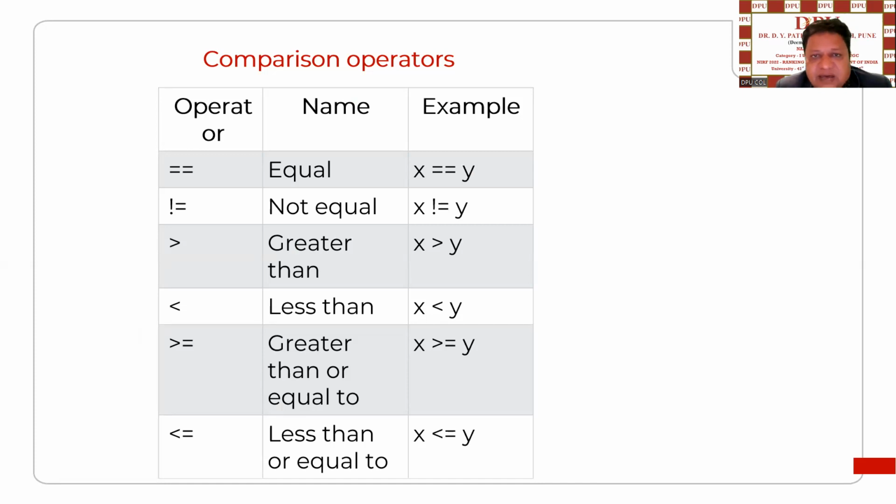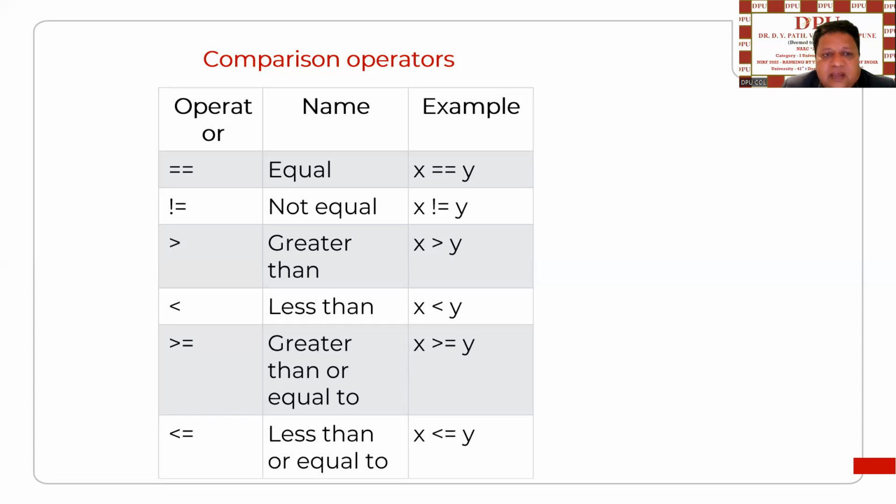By using the comparison or relational operator, we can find what the relation is between two variables or two numbers: whether the two numbers are equal, not equal, whether one is greater than the other, less than the other, greater than or equal to, or less than or equal to the other one.